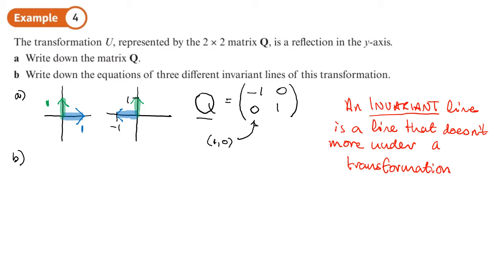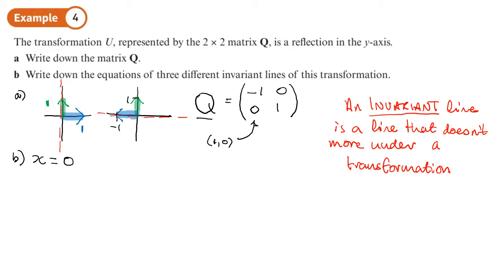So for example, if I drew a line here, that line won't move if I do a reflection in the y-axis, and that line is the line x equals 0. So x equals 0 is invariant. Okay, are there any other lines that don't move? Well, this line won't move.